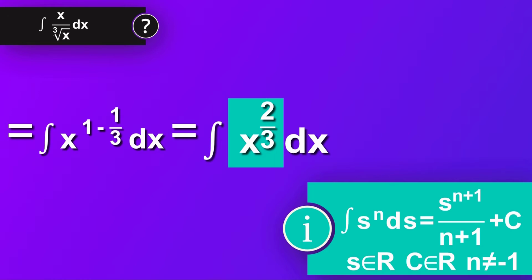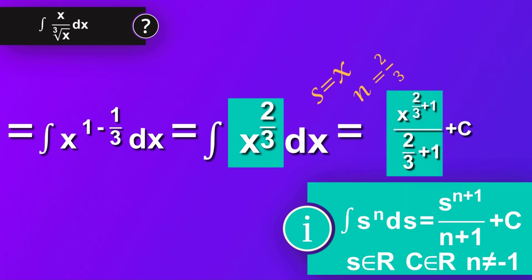We also have to add constant c to make sure that we have all our solution taken into account, as our solution makes a whole class of functions, not a single one. And now, in our case, s is equal to x and n is 2/3. We get x raised to 2/3 plus 1 divided by 2/3 plus 1 plus constant c.